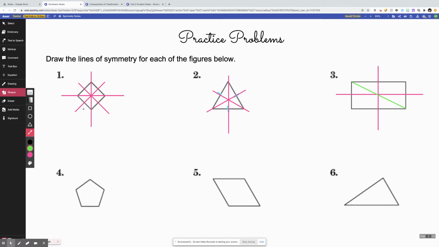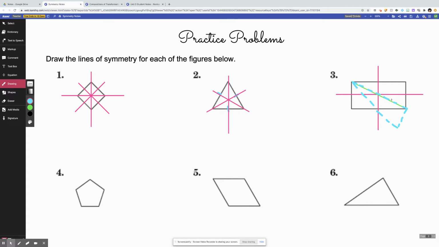What actually will happen if you fold it along this green line right here, it would fold and it would look, I'm trying to draw it with dashed lines here, something like this. So not a perfect fold.